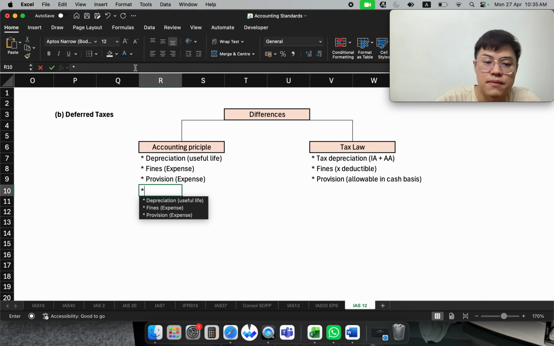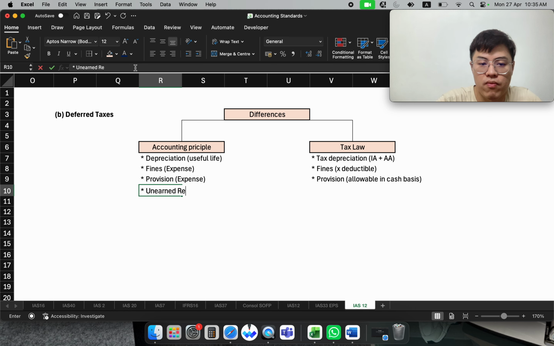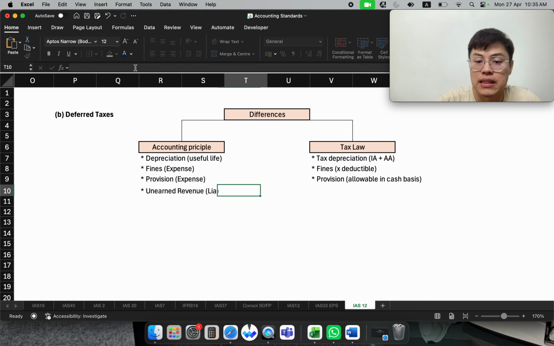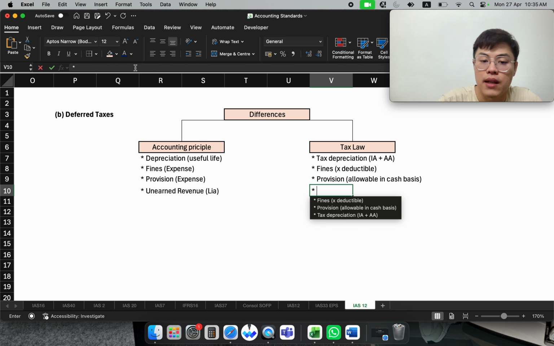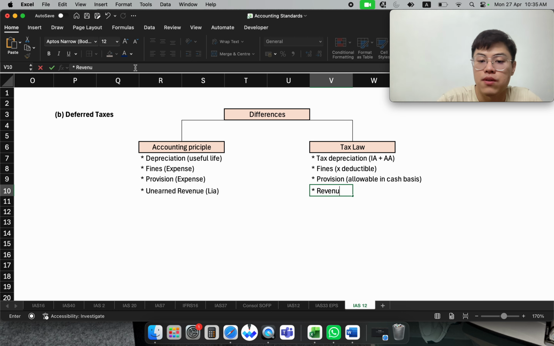And last, I can give you unearned revenue. Unearned revenue is your liability. You record it as a liability, not your income. But in tax law, they will treat this revenue as taxed on a cash basis.